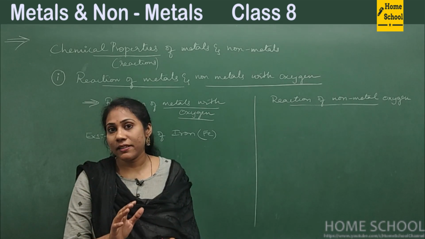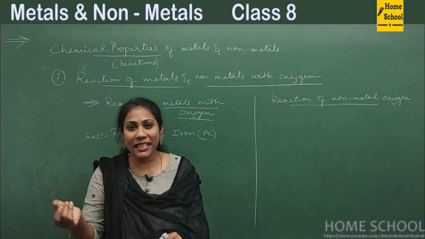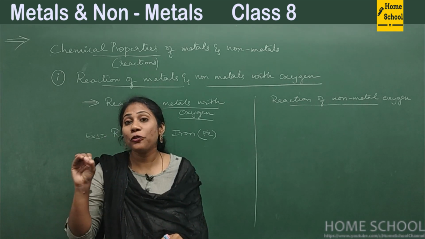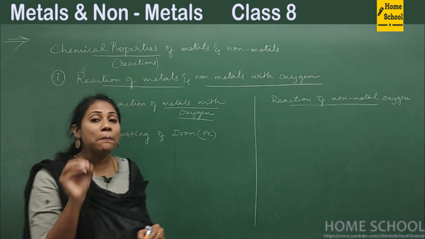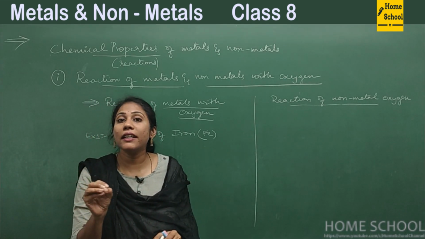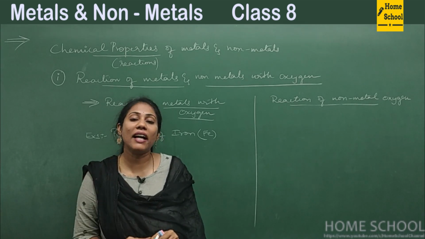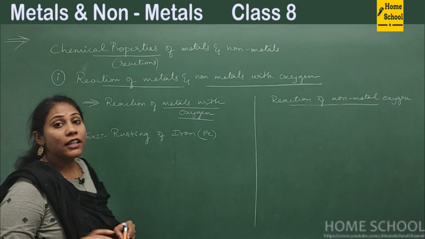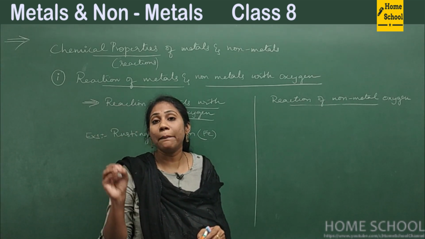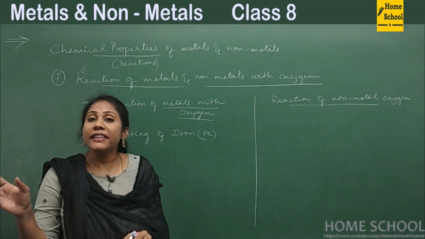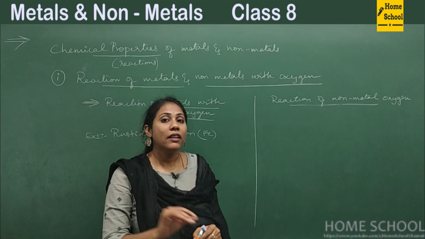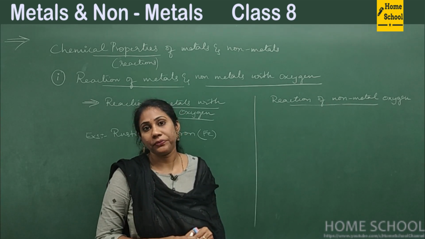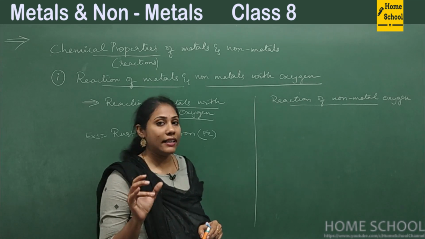After some days, do you expect the iron chair to be the same as the day you bought it? No, right? The iron chair would have spoiled. You would have observed that brown colored powder appeared on the iron chair. This is what we call rusting. That brown powder that appears on iron articles when they are exposed to the atmosphere, that process is actually a chemical reaction, and that is what we mean by rusting.